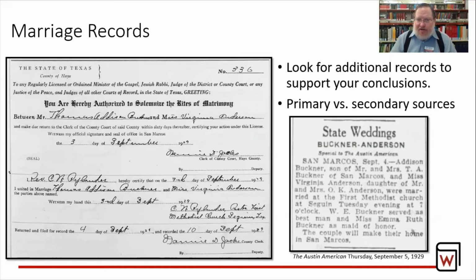Again, we find a marriage notice in the Austin American Statesman that helps support the marriage certificate. So this is how you start evaluating the records from the census against other records and confirming facts that you find in the census with other official documents.